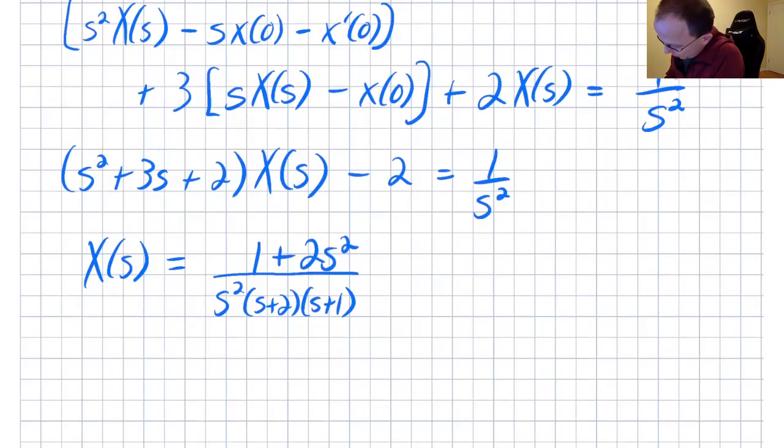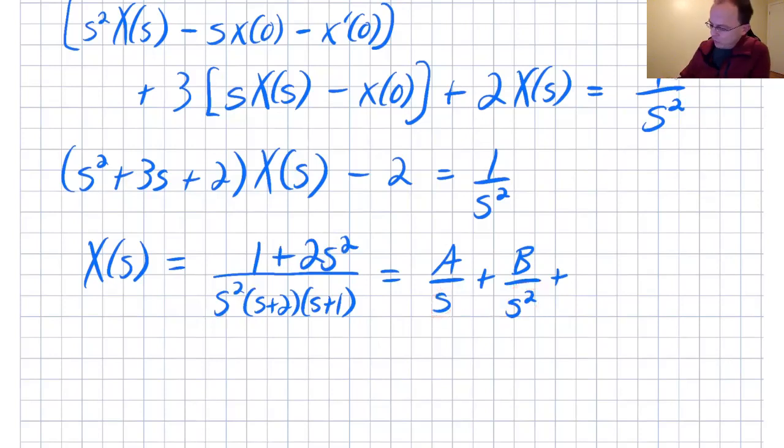And now we want to do partial fractions. So we get a over s. And if you remember partial fractions, when you have an s squared term like this, you need an s term and then an s squared term. So if this was s cubed, then you would need s, s squared, and s cubed. So you need all of them in order for the partial fractions to work.